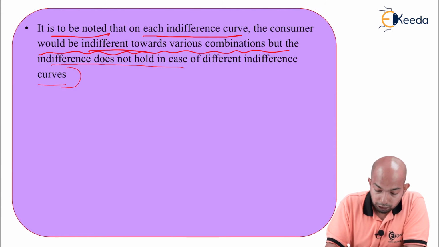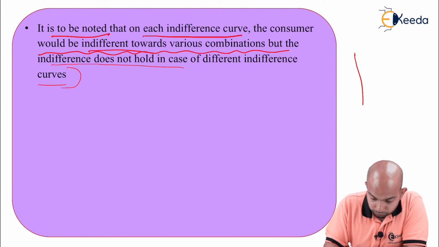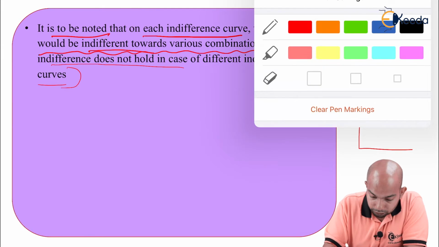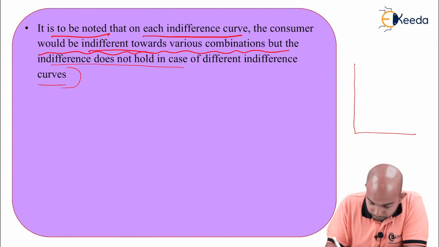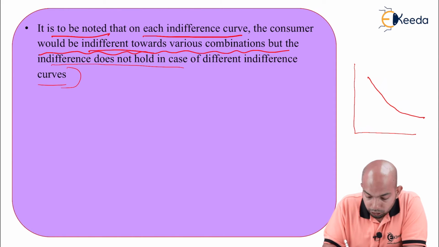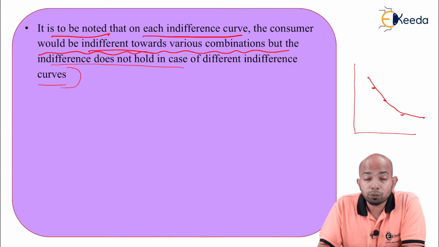For example, let me draw this here. If this is the graph and this was just one indifference curve, wherever I place the point, the satisfaction level would be equal, because this is just one indifference curve.